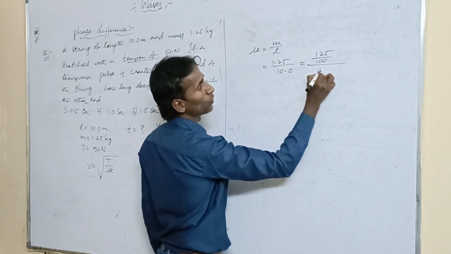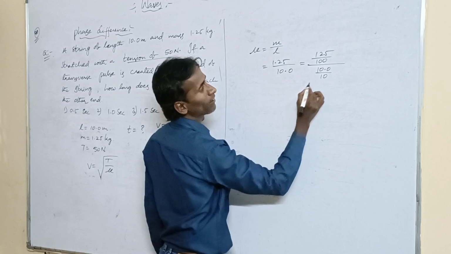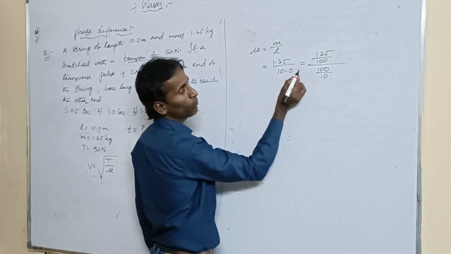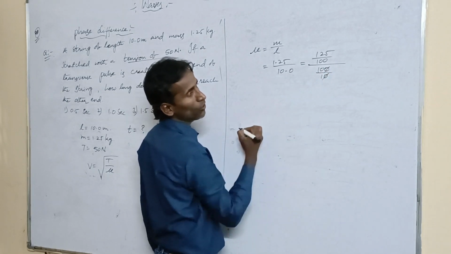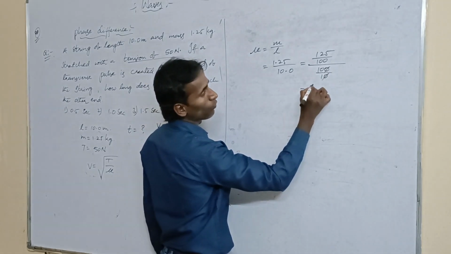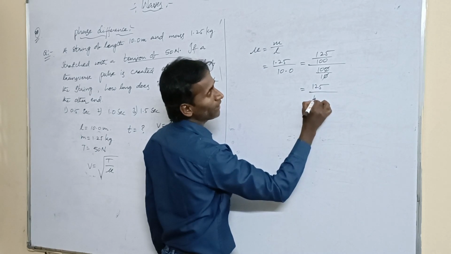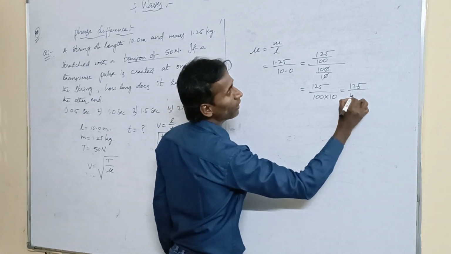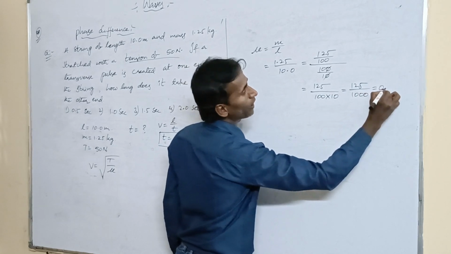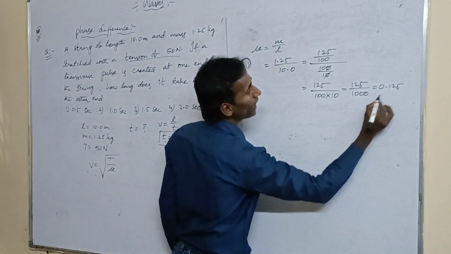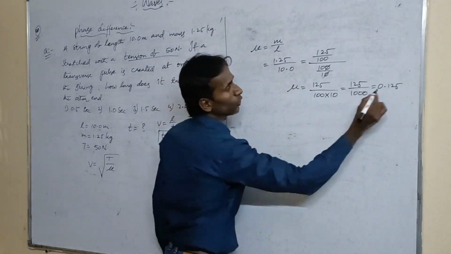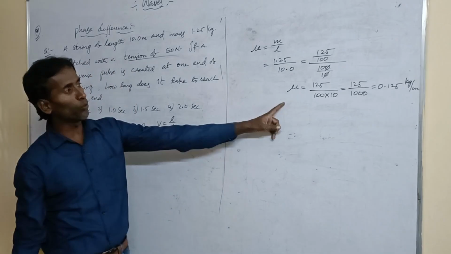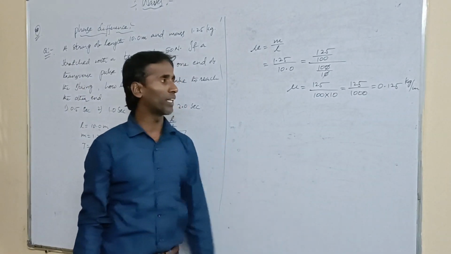Similarly 10.0 by 10: after the point, 1 digit. So 1, 0, 0 cancel. Now 125 by 100 into 10 means 125 by 1000, so it becomes 0.125. This is kilogram per meter. The mu value is 0.125.